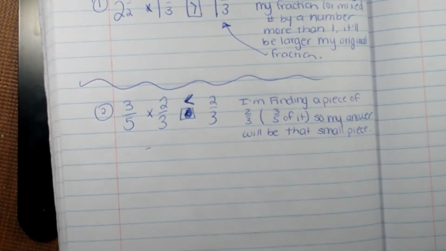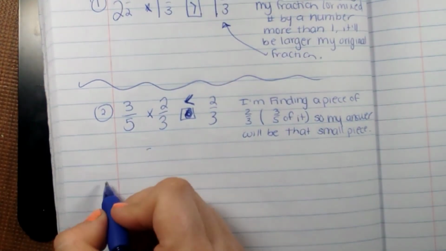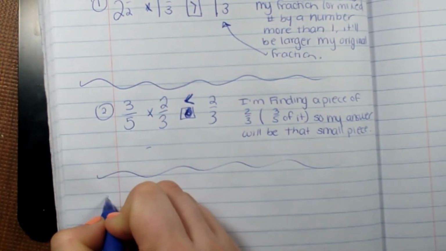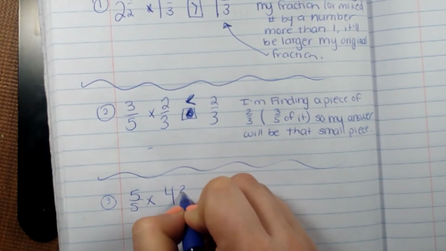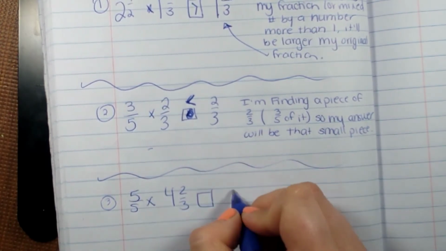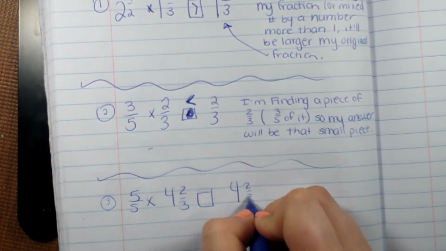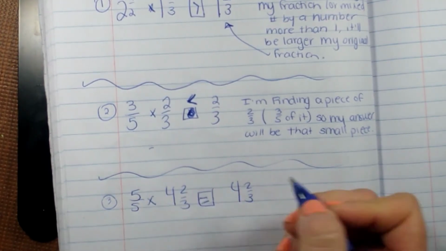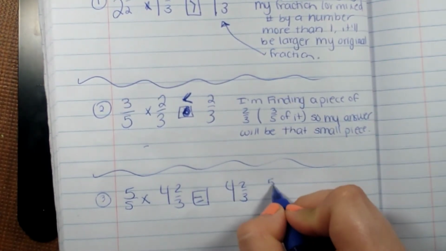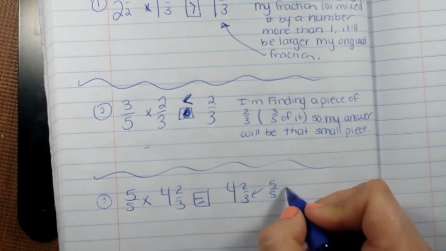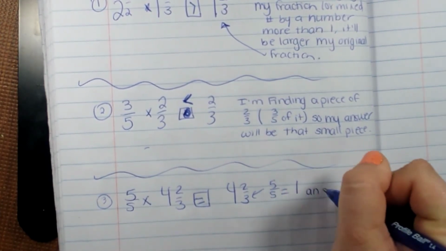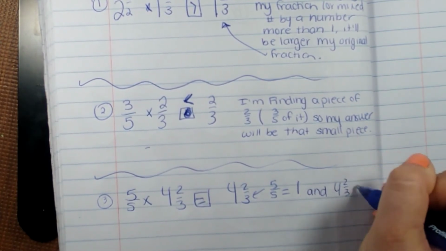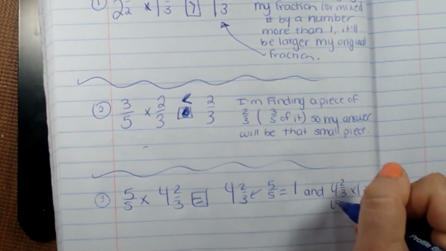Okay. I'm going to do another one. Let's see here. All right, this is going to be equal to, because 5/5 equals 1. And 4 2/3 times 1 is 4 2/3.